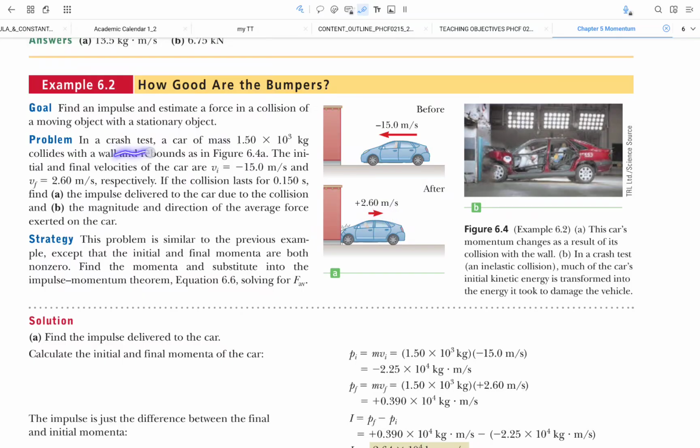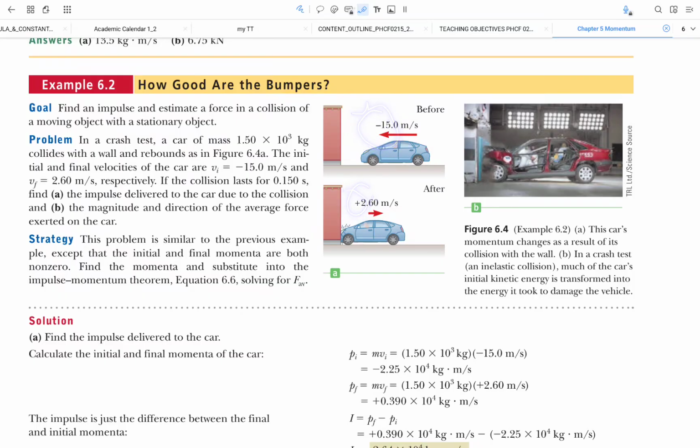So, in a car crash test, a car of mass 1,500 kilograms collides with a wall and later rebounds. Remember the term rebound means the velocity is now in the opposite direction. So clearly the question shows you the direction of the velocity itself, negative and later positive.